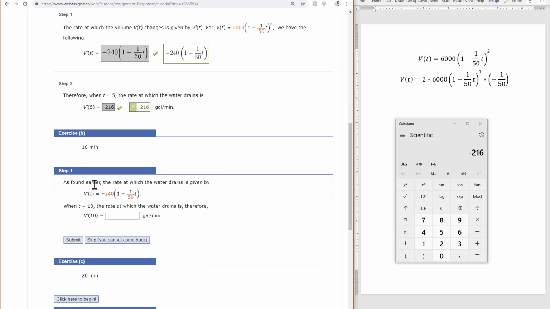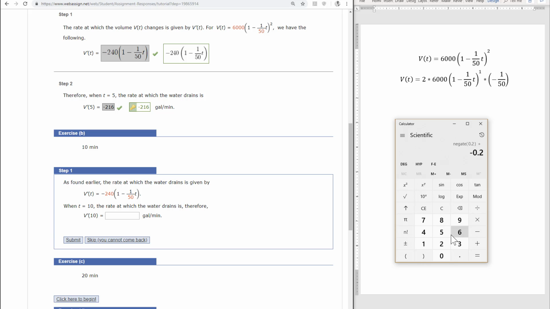The second part, as we found earlier, the rate is going to be equal to this V prime of t, which is equal to negative 240 times 1 minus 1 over 50 t. When t is equal to 10, the rate at which the water drains, therefore, is equal to, we're going to go through the same process, except we're going to put 10 in there. 10 divided by 50, and then subtract it from 1.